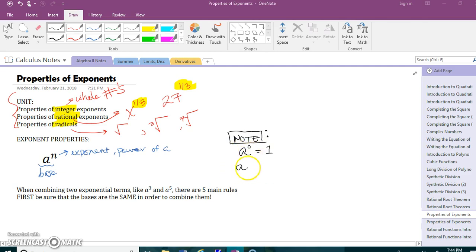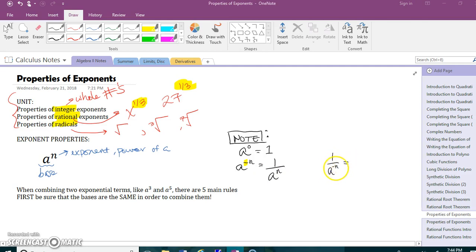The next thing is if I have something to a negative exponent, in order to make the exponent positive, because in rational expressions we don't want a negative in our final answer, it's not considered proper. We want all positives. So to make it positive, you kick the base and the power into the denominator. You can also have something like 1 over a to the negative n.